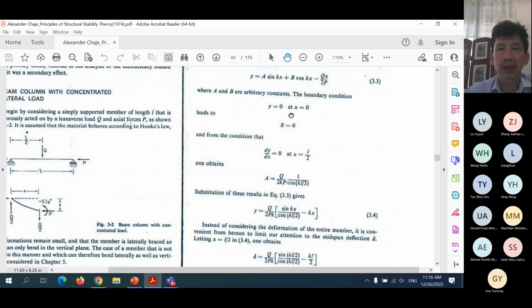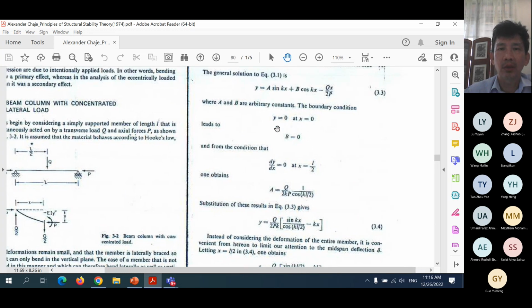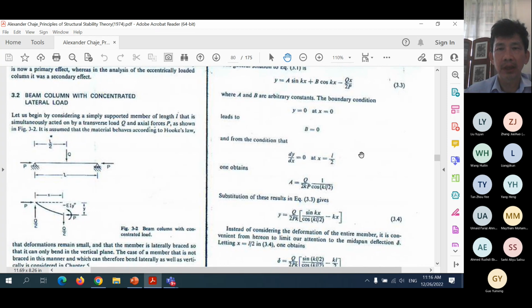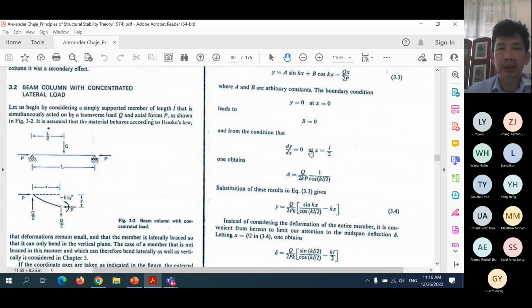So if you consider x0, y0, you get B equal to 0 from 3.3. Then you differentiate this, dy/dx, then you substitute. This is what I mentioned just now. We take note that this deflected shape is symmetric about the midspan. So at x equal to L over 2, which is the midspan, the slope becomes 0.